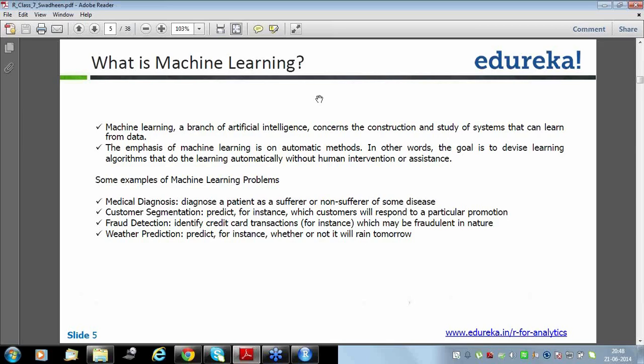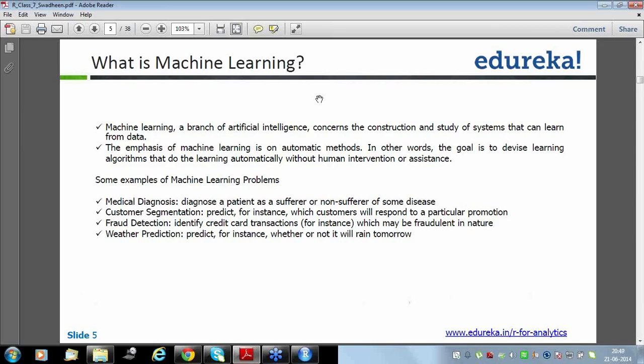Some examples of machine learning problems: medical diagnosis, diagnose a patient as a sufferer or non-sufferer of some disease. Even in my company, we have been working on this model for a long time, based on some diagnostic code, because in America every diagnostic condition has a particular code associated with it.